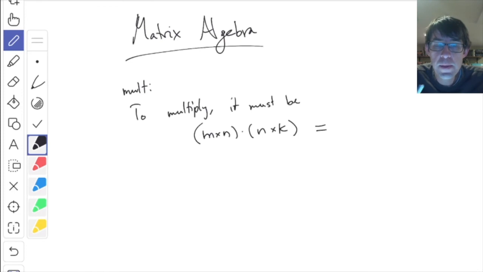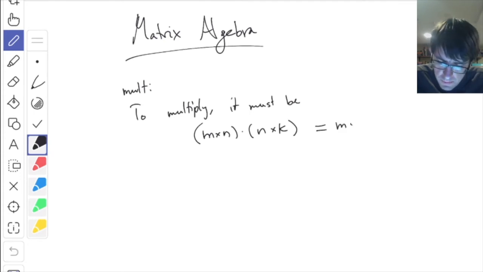When you try to multiply two matrices, the number of columns of the first one has to equal the number of rows in the second one. And anyone remember what the dimensions of the answer will be in this case? M by k. Yeah, it'll be m by k.